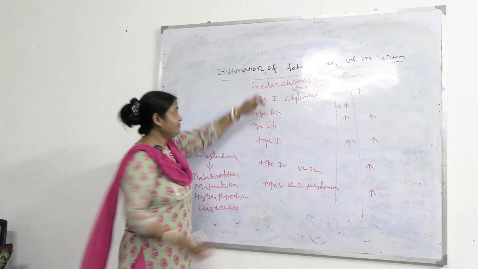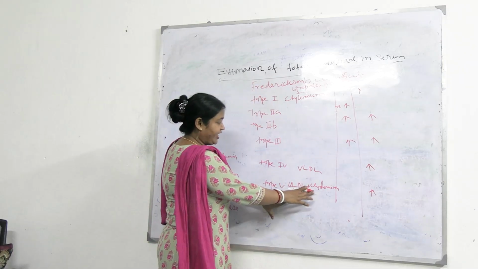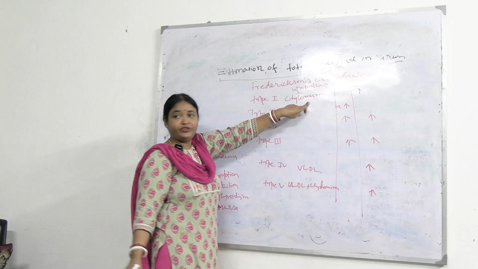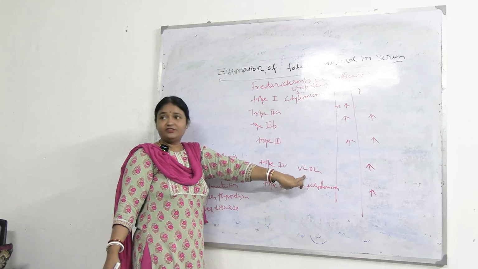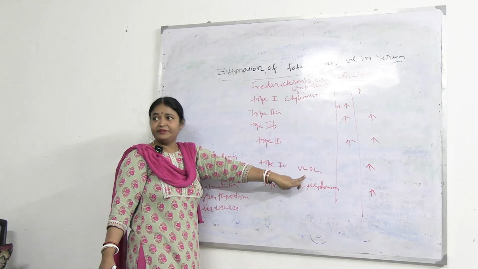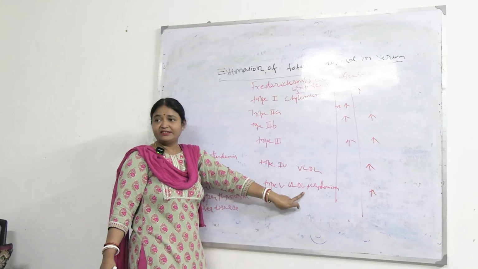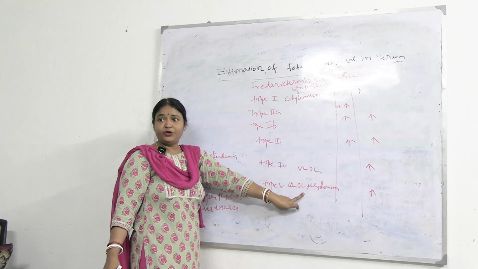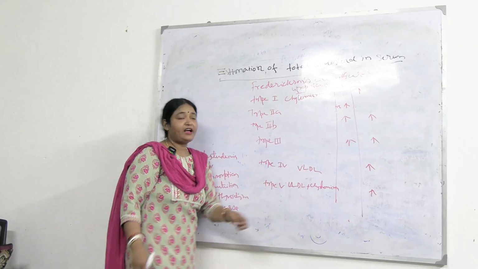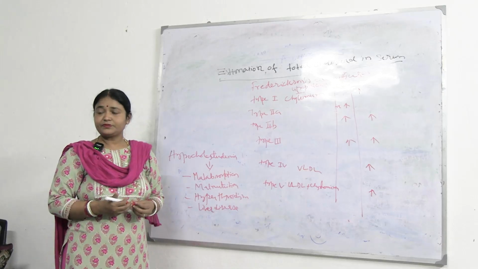If you remember, chylomicron and VLDL together is type 5, the first one is chylomicron, and the fourth will be VLDL. The last one is VLDL plus chylomicron.